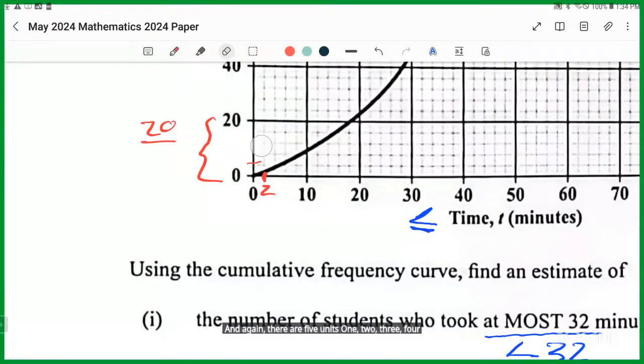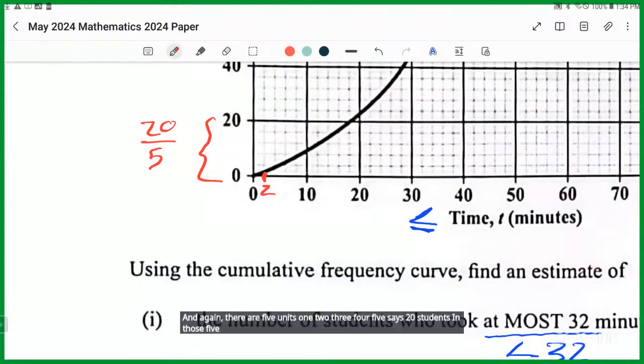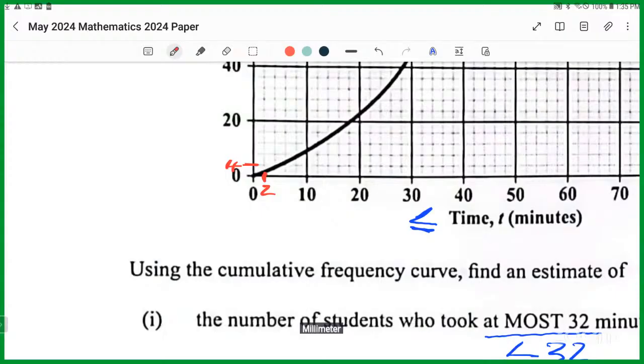So it's 20 students in those 5 little millimeters, so each of these is 4. Put that on the graph so you don't forget it. You have to always get the scale of your graph before you start to read anything from it. All right, get the scale first.